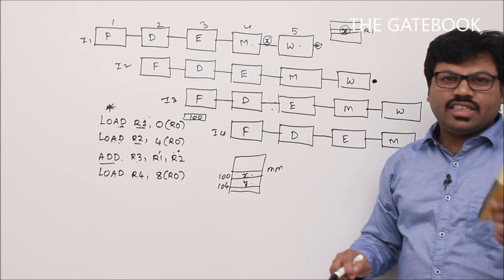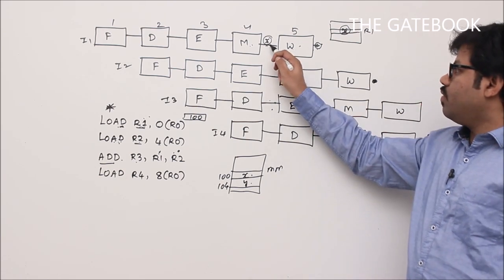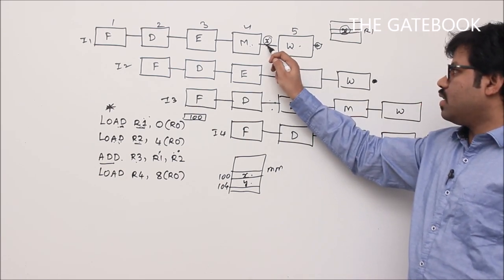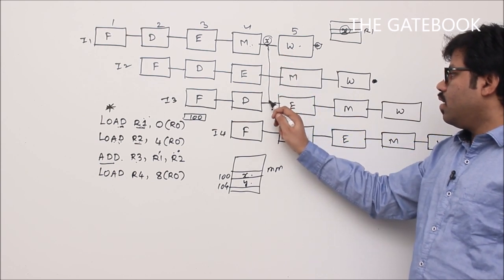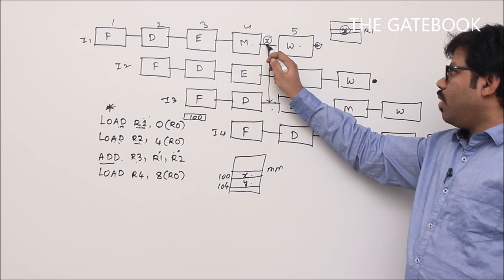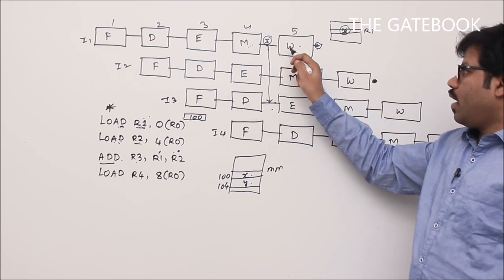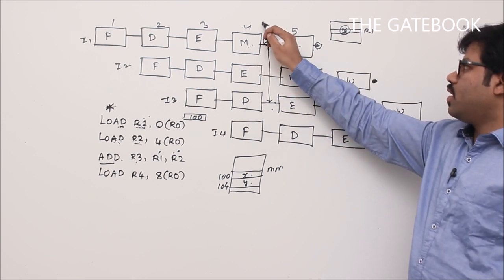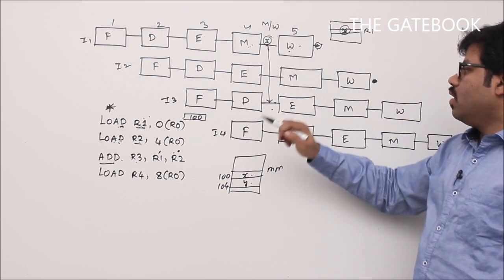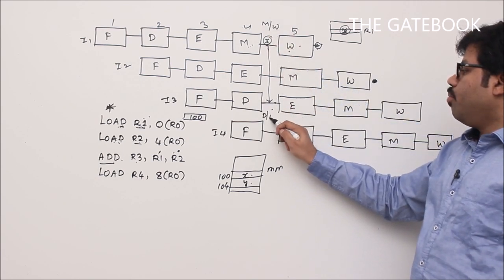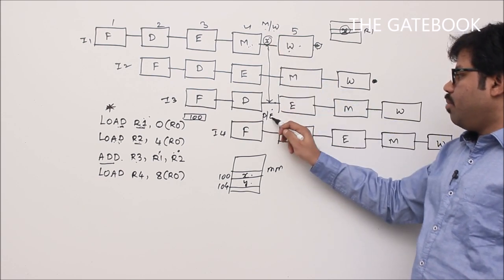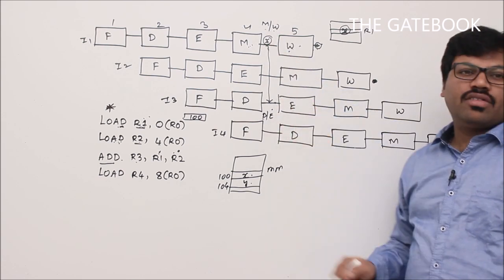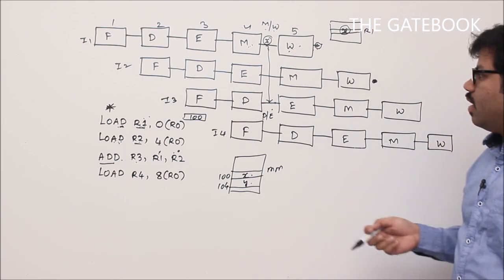So using a cheat sheet, what we do is we simply forward this X, because already that is there in this buffer, like this, right? That means connect buffer of memory write, M comma W, let's call this the MW buffer, and this is the DE buffer. By properly connecting using the hardware MW buffer and DE buffer, we can bypass the data, right? It's not a big deal, right?